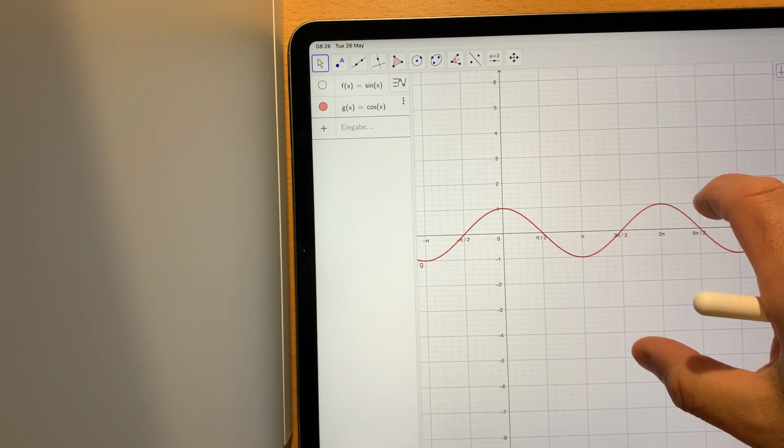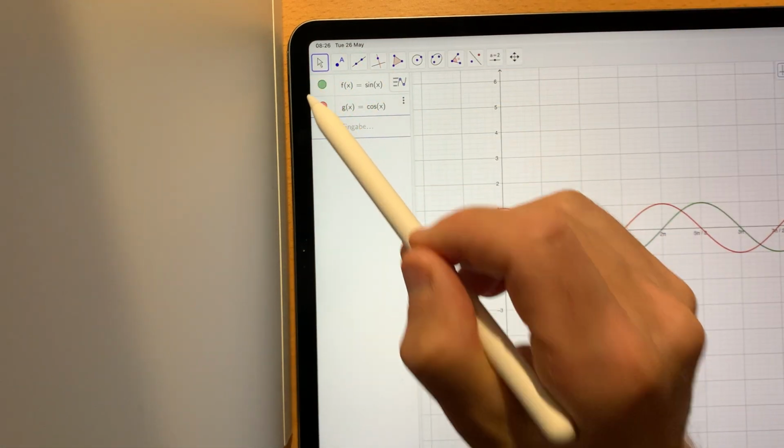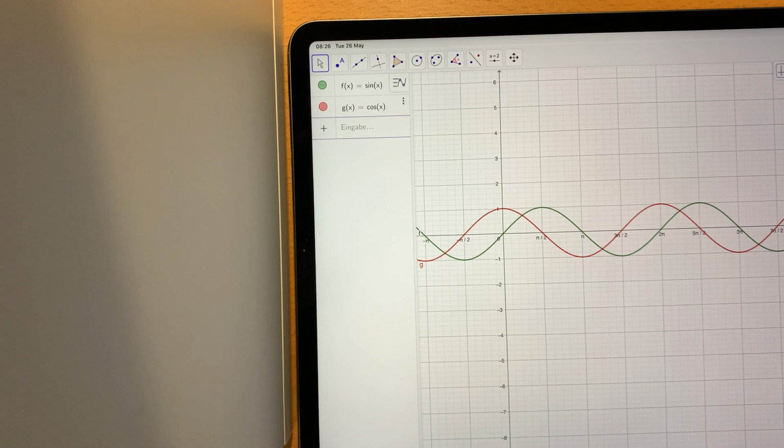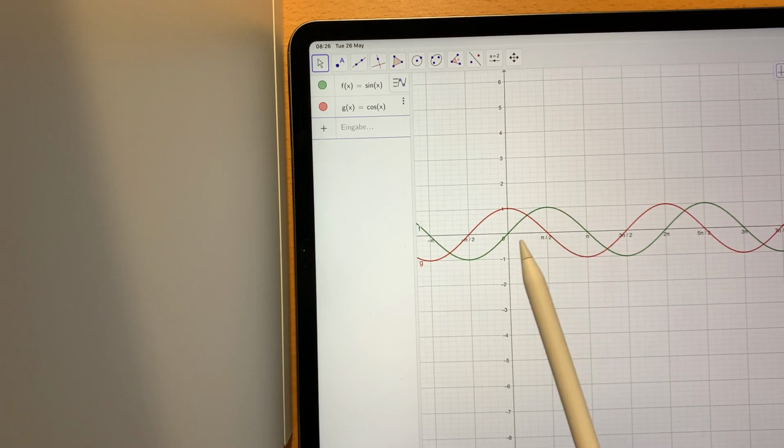If I switch on both, you can see it's clearly the same graph, only translated to the right or to the left, because you could move this max over here. You could translate it to the left, and that would be the same function again. Or you could translate the red one onto the green.